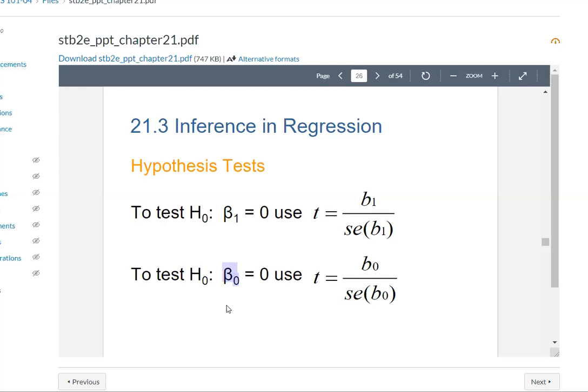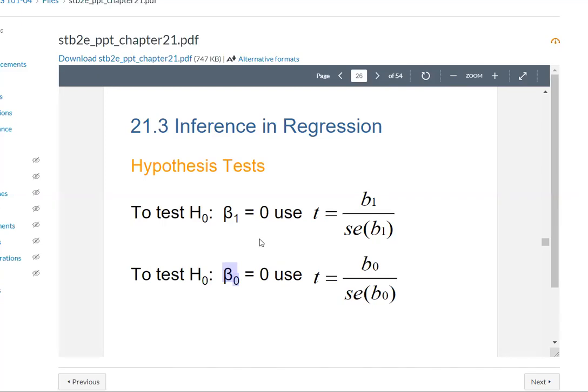So you will have questions that say, what is your decision about this hypothesis, H0: beta 1 equals 0? Then you look at the p-value, and if below 0.05, you say reject H0. Or another question may say, H0: beta 1 is 0, is testing what kind of hypothesis?